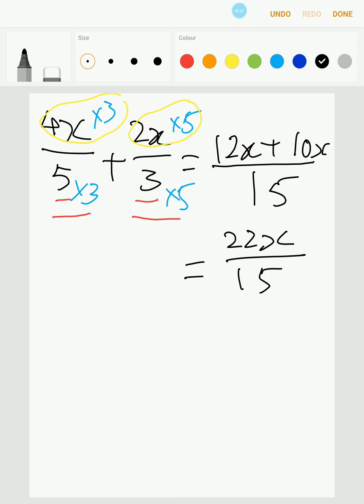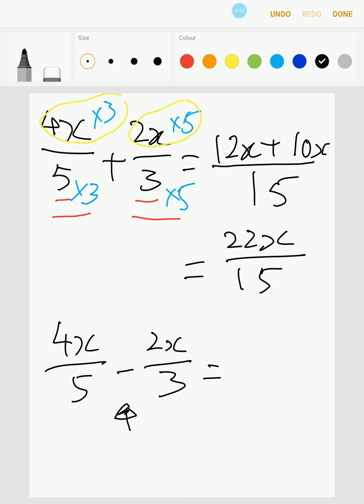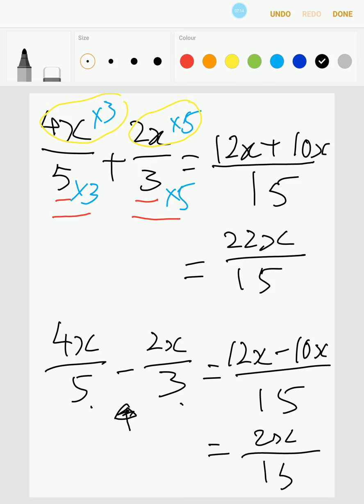Alright, so you do the same for subtraction. If I change this to subtraction, exactly the same thing, just subtraction only. Change it to 15, it becomes 12x minus 10x. You know how to do it already, right? Times 3, times 5, and then you get 2x over 15.